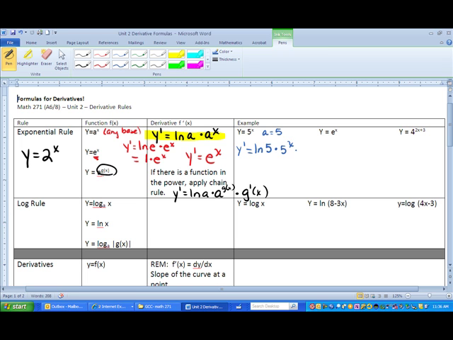And technically we take the derivative of x, which is just 1. Now if your answer has to be exact, then this is your answer. If they ask for a decimal approximation, then you could take the ln of 5 in your calculator, but you cannot multiply that times the base 5 because that 5 has an exponent. So this is really your final answer.